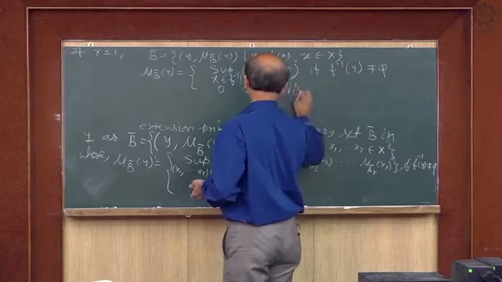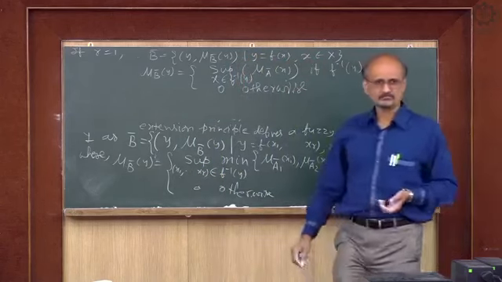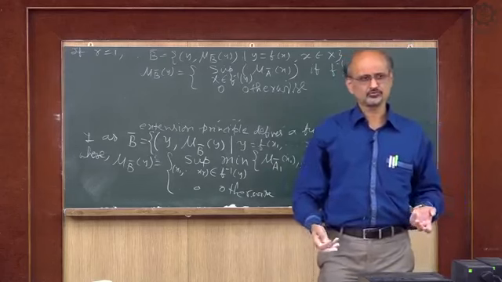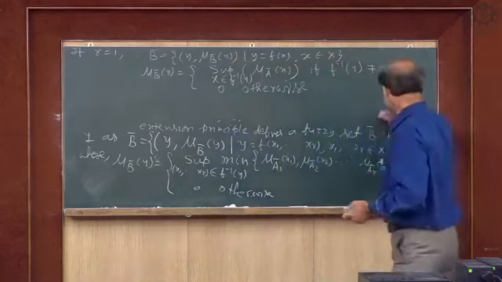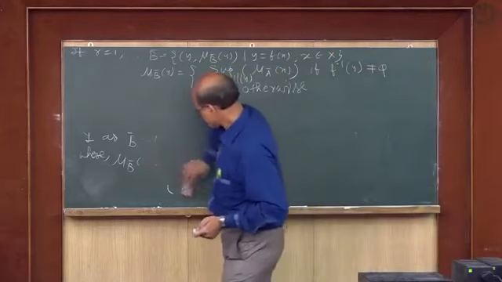Now, I will take two examples, one for r equal to 1 and another for r equal to 2, then it will be clear, I think. Let us take the first example.